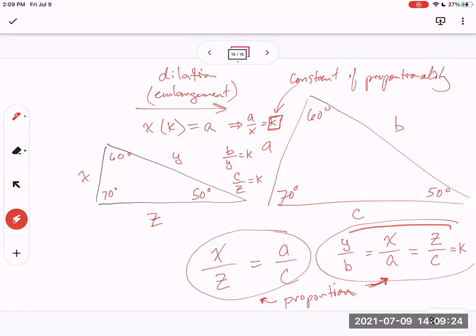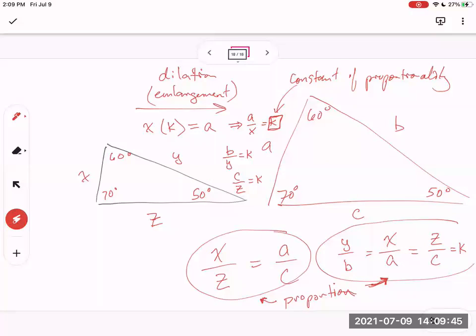So do you see how all three of these are the same? What do they call that again? The constant of proportionality, or they call the factor. When it's dilated by a factor, that's what it is.